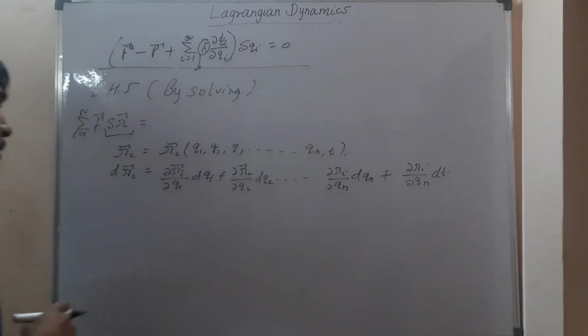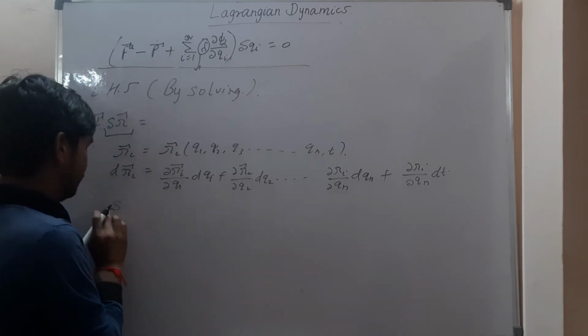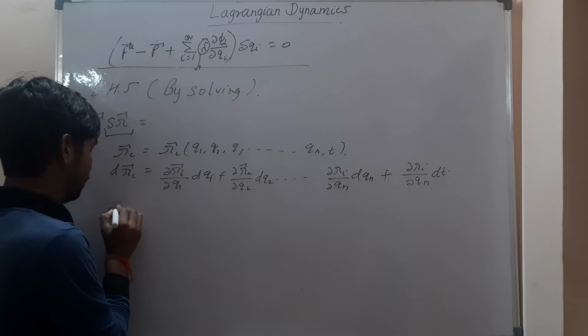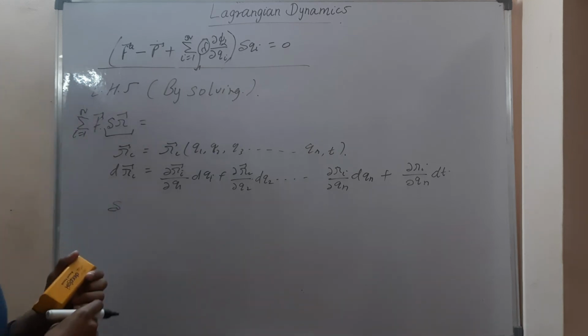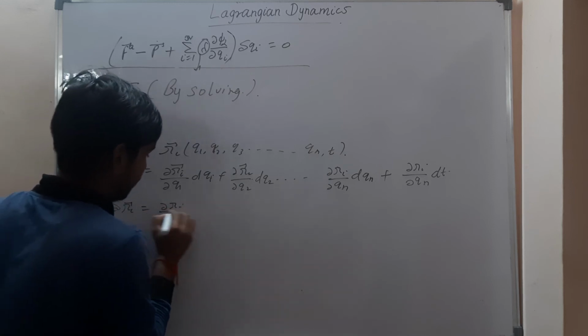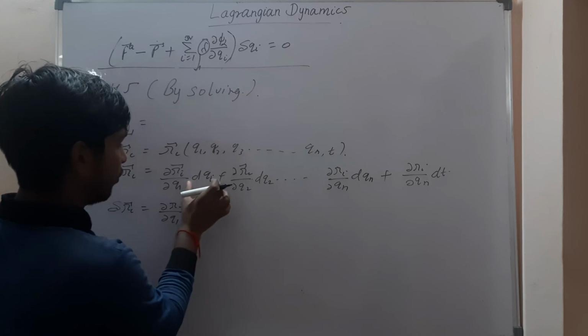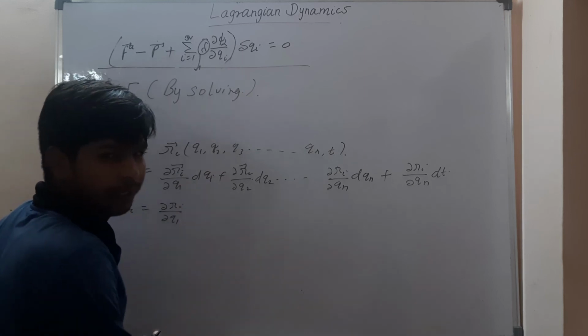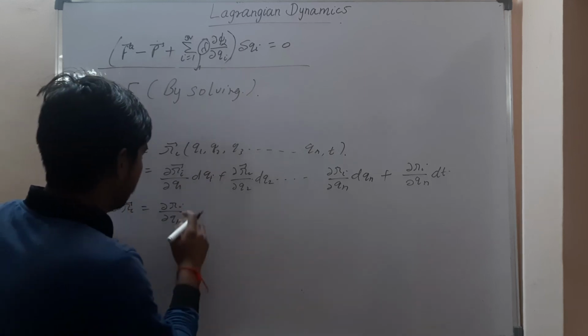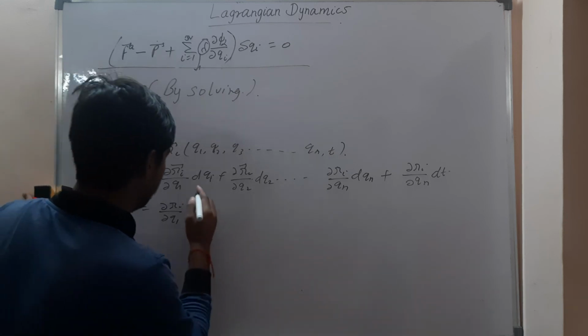This is our equation. Then again I will create the partial derivative, meaning the virtual displacement. It will be dou r i by dou q1, and if you are saying for virtual displacement, you also can change that in that example also. So which one I solve now to make you understand.